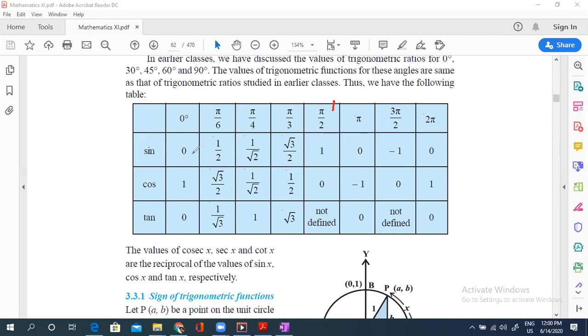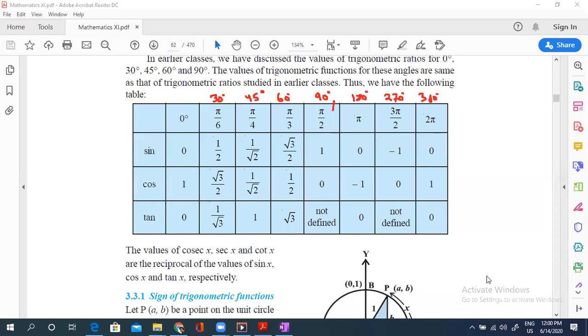So sine 0 degree is 0. Sine pi by 6 is 1 by 2. Pi by 6 means 30. I'll just write the angle also. 45 degree, 60 degree, 90 degree, 180 degree, 270 degree, 360 degree. Right? Now see the values, right?